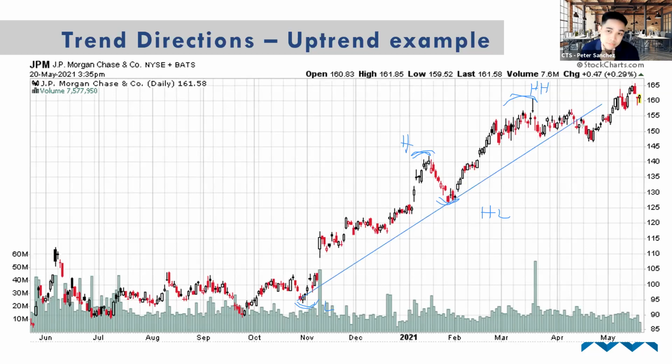So as you can see here, around mid-April, our trend line broke. We'll discuss more about that later. So just keep that in mind. So we could say that starting November 2020 until April 2021, JP Morgan was on an uptrend. Right? Okay.